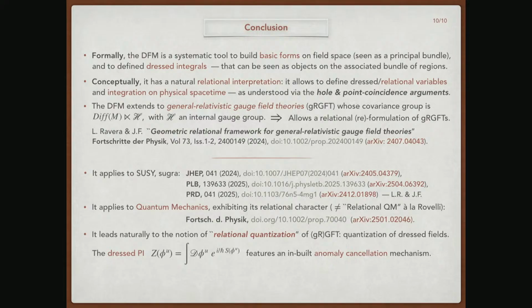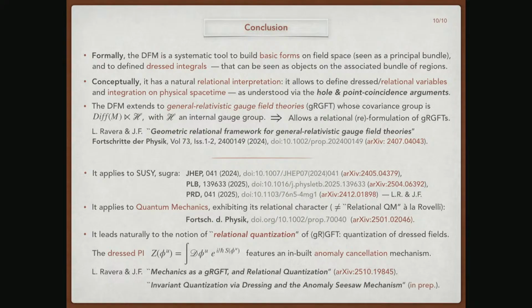That has an inbuilt anomaly cancellation mechanism that reproduces and extends all these Wess-Zumino counterterms that are often created heuristically and case by case, precisely to compensate and kill anomalies. So this flows automatically from such an object. And this is the kind of stuff that we are now developing with Lucrezia, with invariant quantization and what we call an anomaly seesaw mechanism.